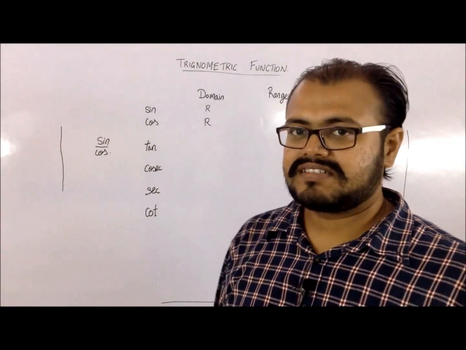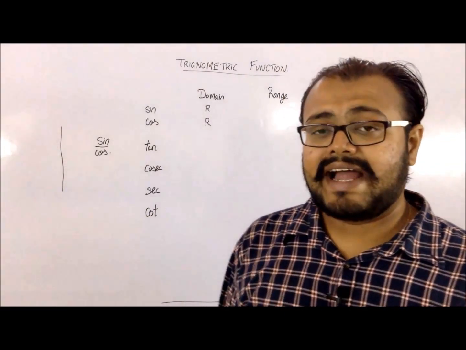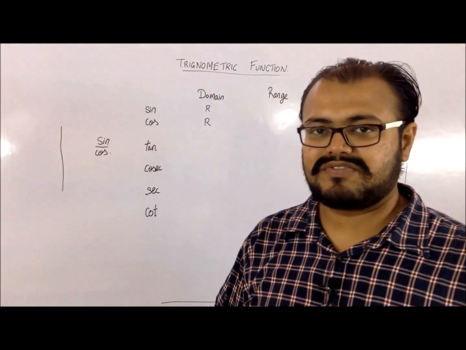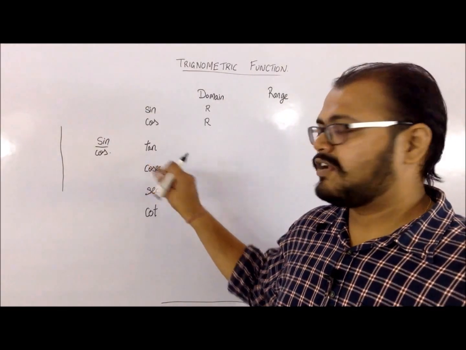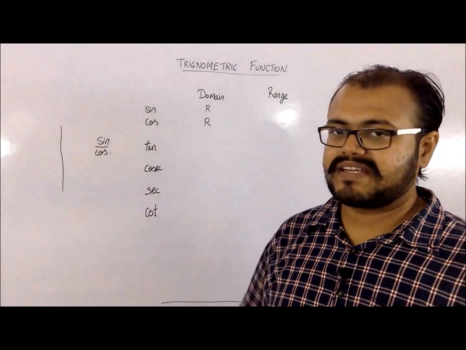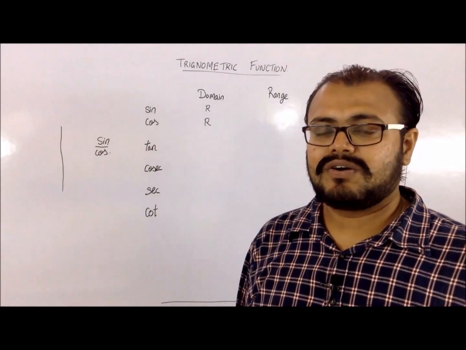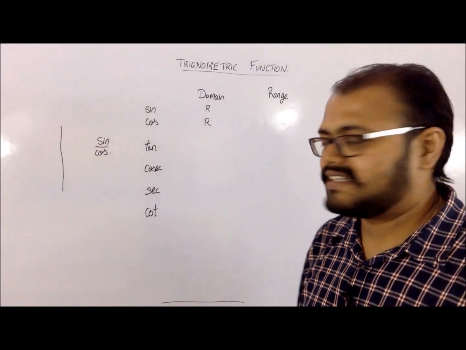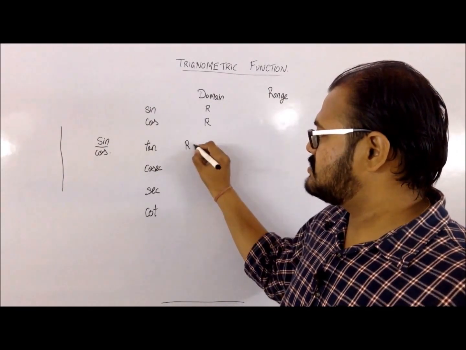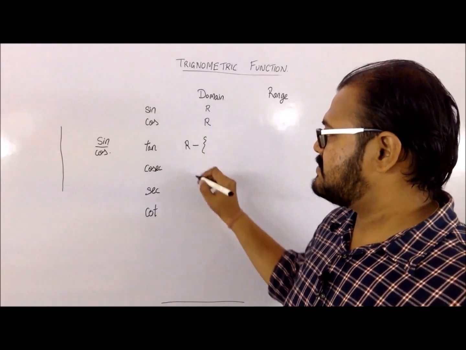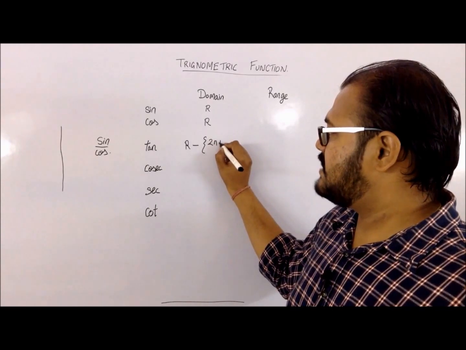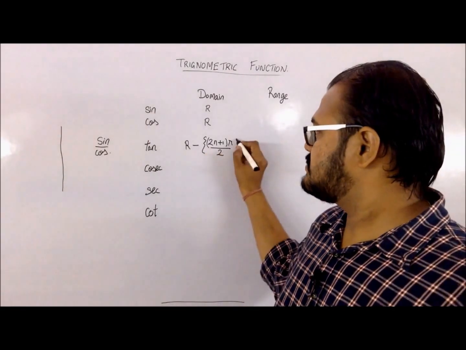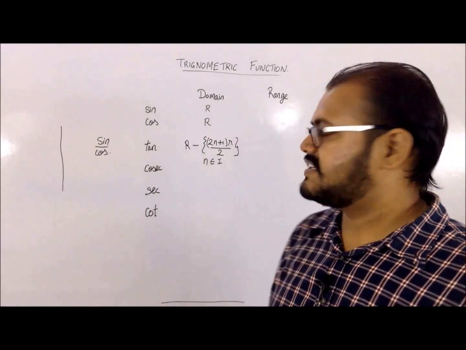Cos can have the value 0, and since division by 0 is non-defined, or basically infinity, tan cannot have those particular values at which cos becomes 0. Cos becomes zero at pi by 2, 3 pi by 2 and so on. So tan can have all values in the real system except the values of the form (2n+1) pi by 2, where n belongs to the set of integers.